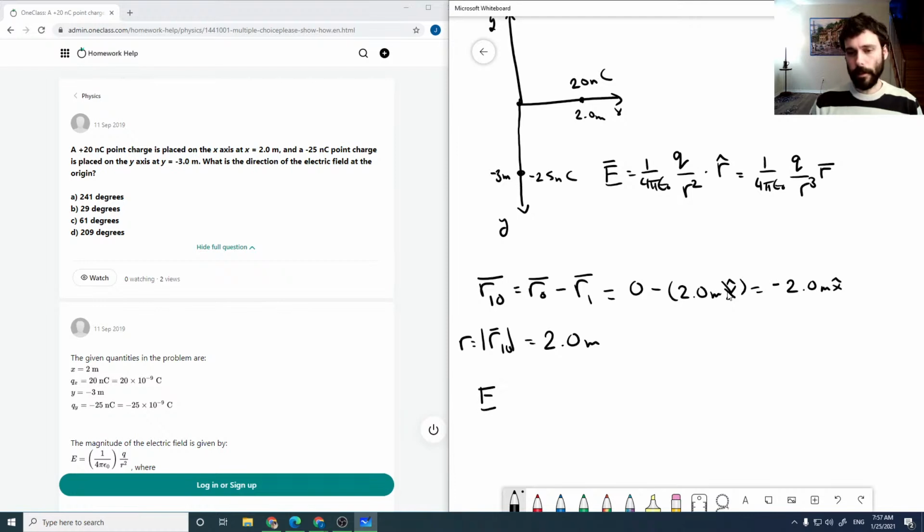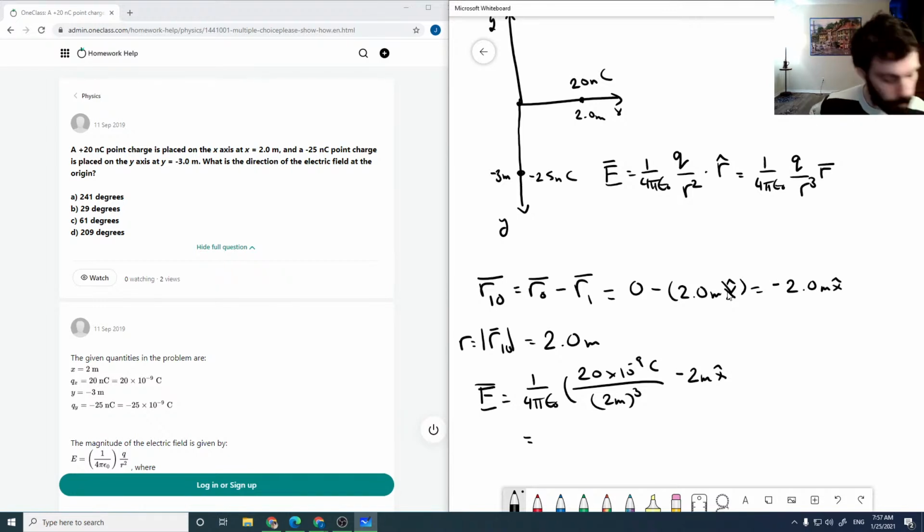So our E field is 1/4 pi epsilon naught times our charge, which is 20 times 10 to the -9 coulombs over our 2 meters cubed times our -2 meters x hat, which comes out to be -44.94 newtons per coulomb in the x hat direction.